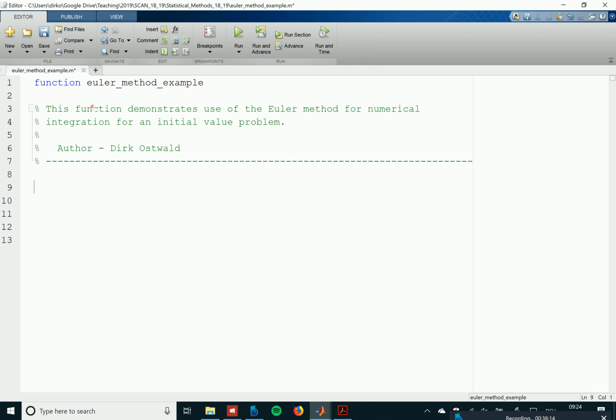So then let's first define some time interval. Usually I call this minimum of time, so that's the lower boundary, and maximum of time, that's the upper boundary, and then use MATLAB's linspace to get a number of values in this interval, usually some res.